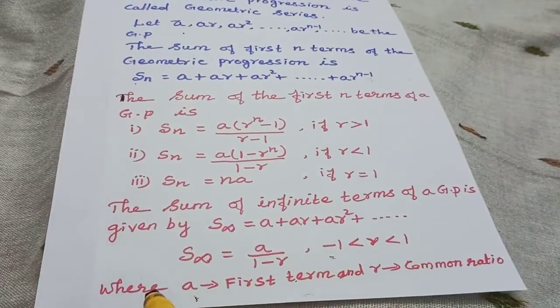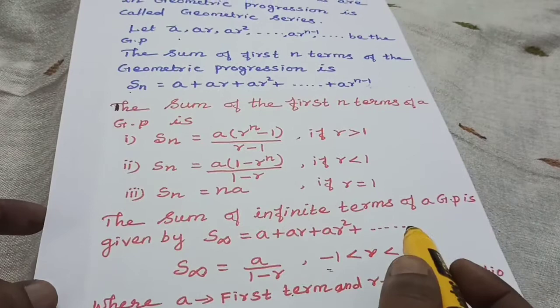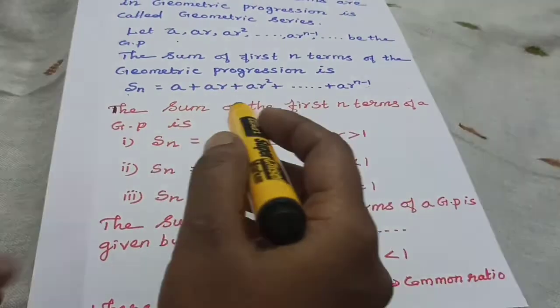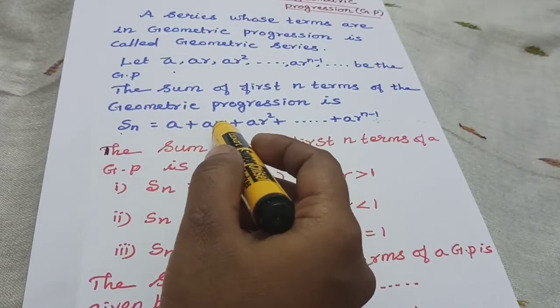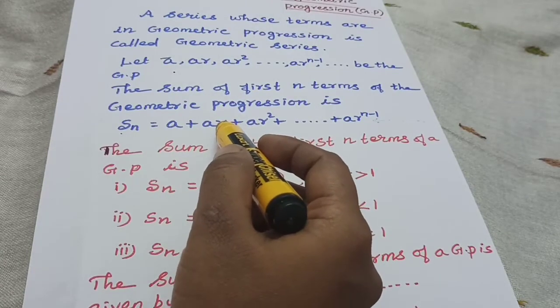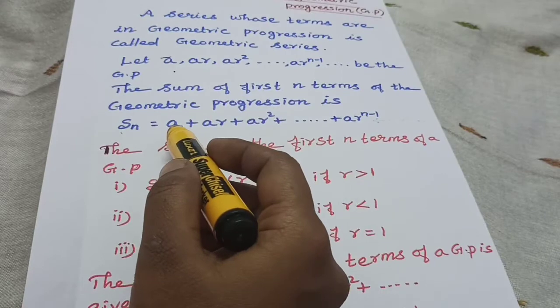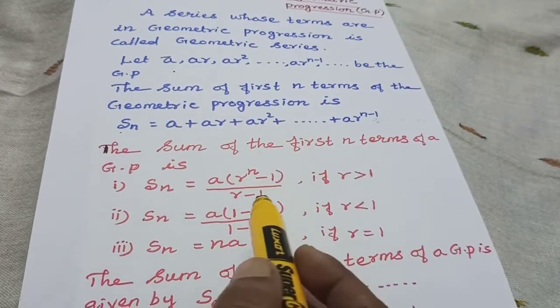Am I correct? First term is a. Then how we can find out the common ratio? Second term divided by first term, we will get r value.